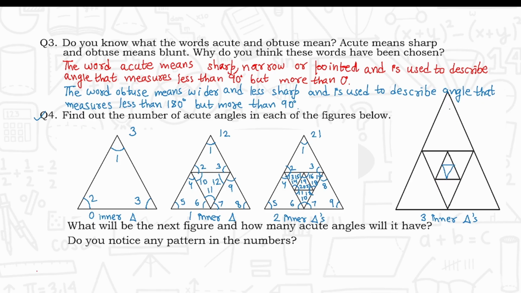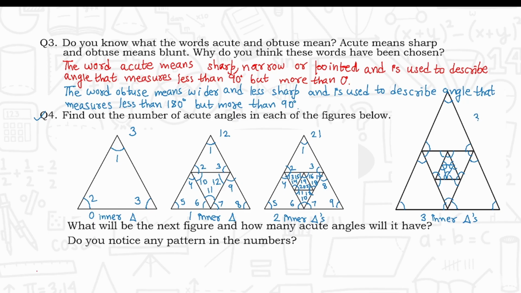So how many angles we have? 1, 2, 3, 4, 5, 6, 7, 8, 9, 10, 11, 12, 13, 14, 15, 16, 17, 18, 19, 20, 21, 22, 23, 24, 25, 26, 27, 28, 29, 30.